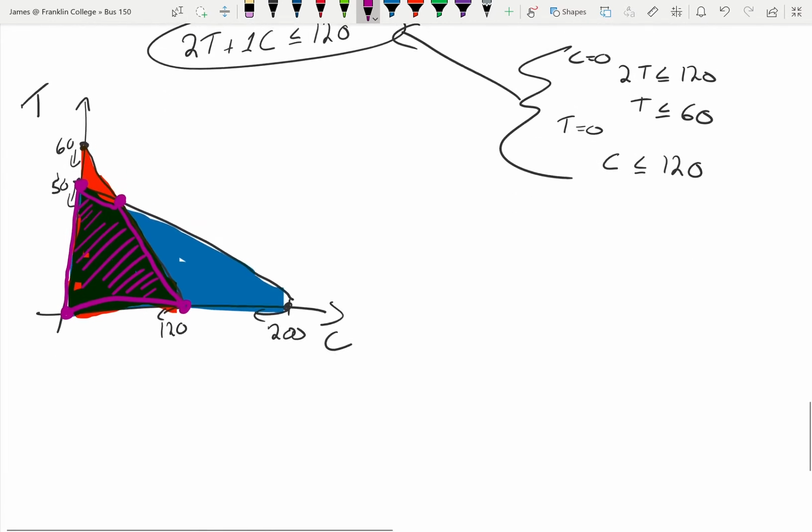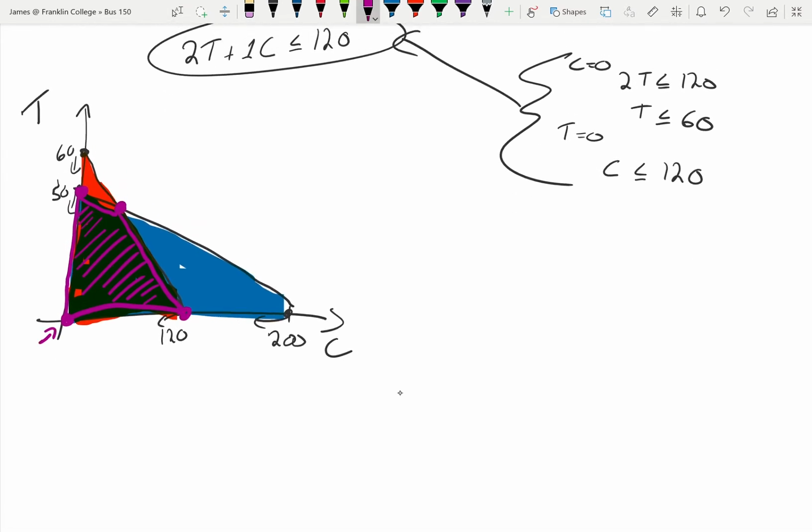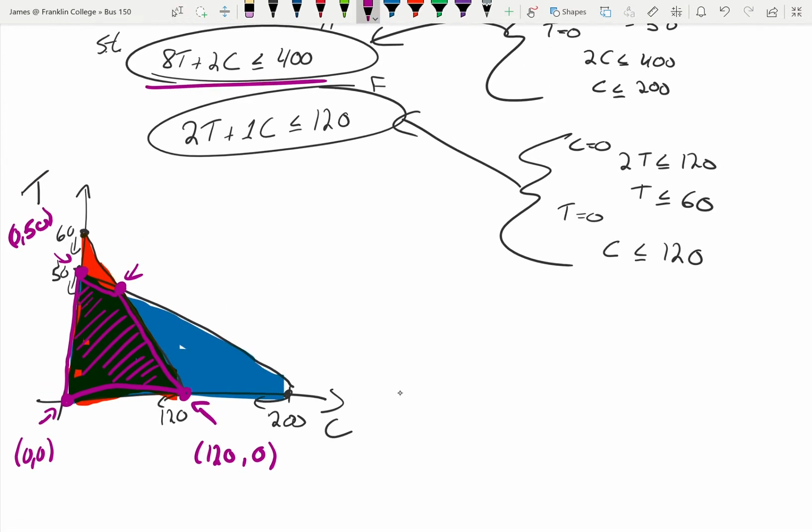Alright, so let's mark off these points. We know that the origin, we know that we're going to have the point 120, 0. We're going to have the point 0, 50. And then what about that point? Well, that's going to be the point where the lines from those inequalities intersect.